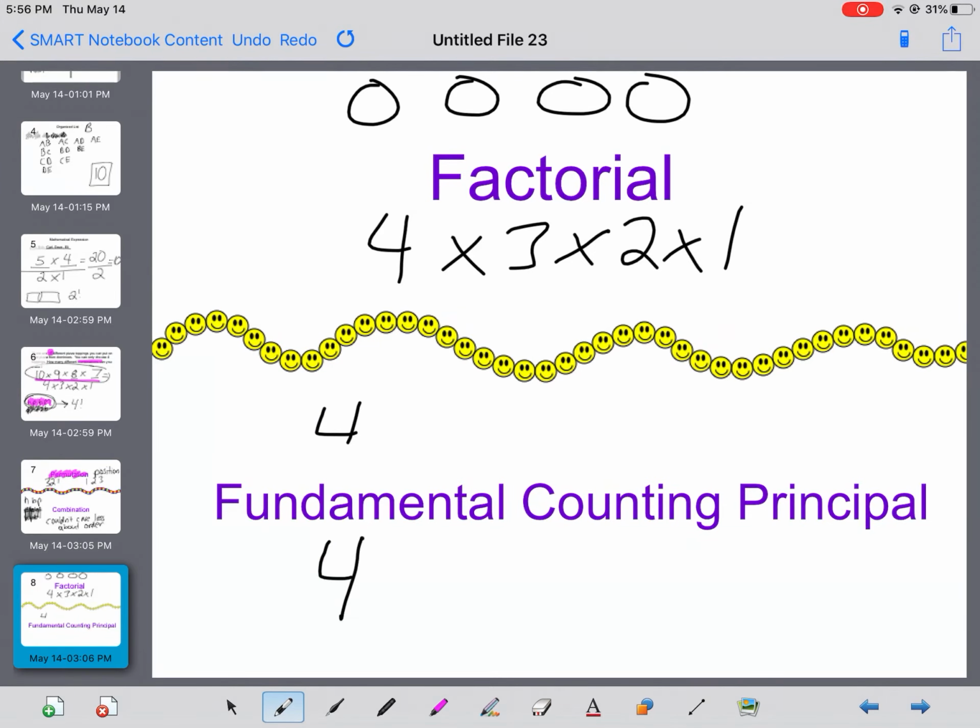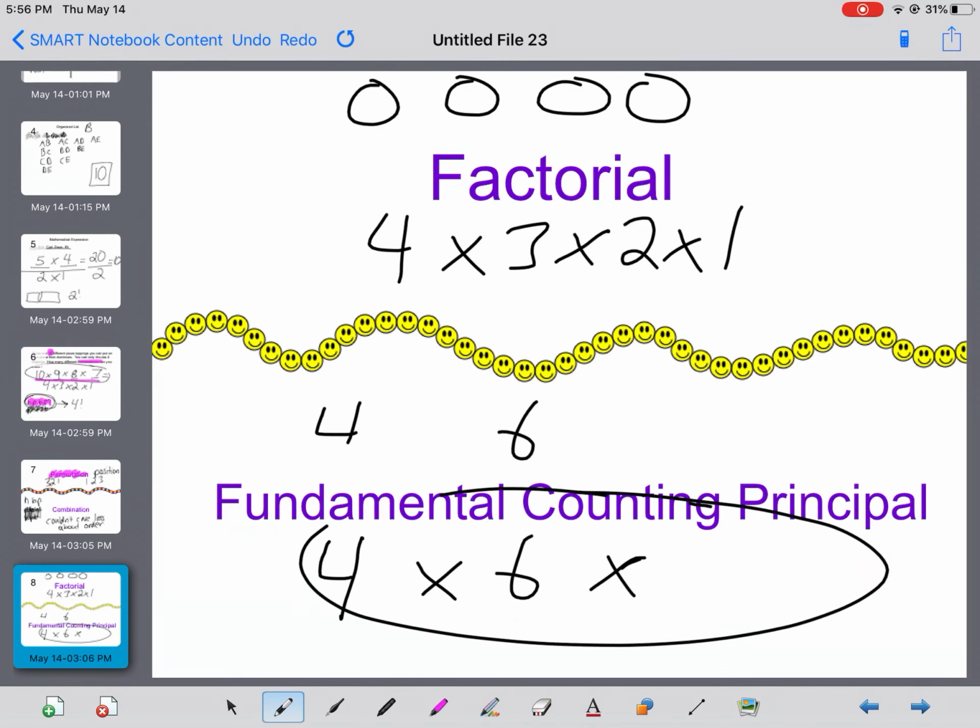So if there's 4 different types of bread, I could do 4. Let's say there's 6 different kinds of sauces. I would do 4 times 6. So this is me coming up with all the different combinations of things, but I'm not running out of an item. Whereas a factorial is when you have limited choices.